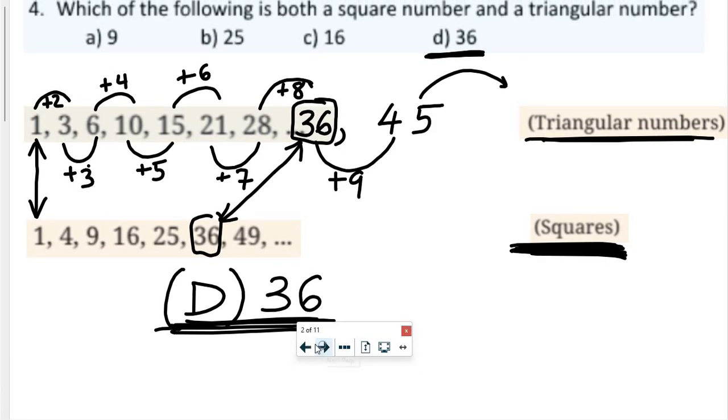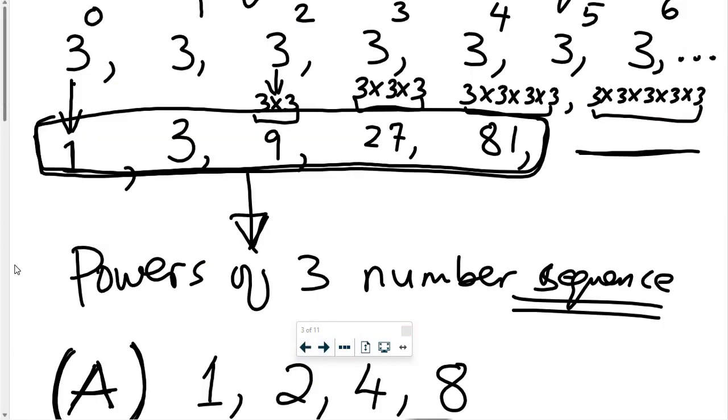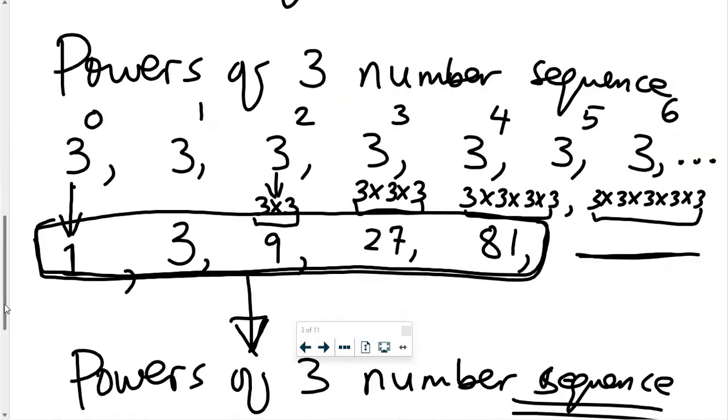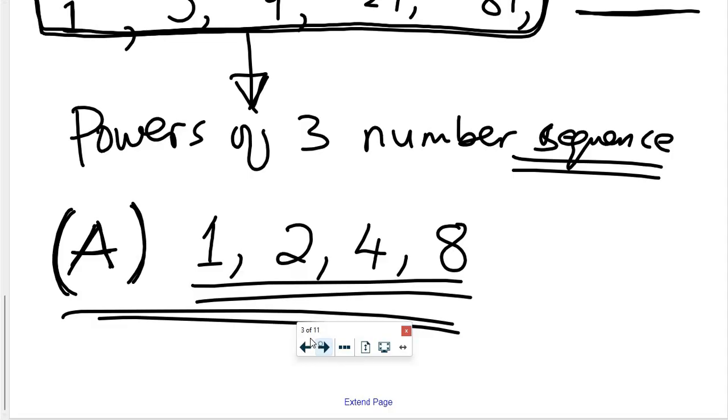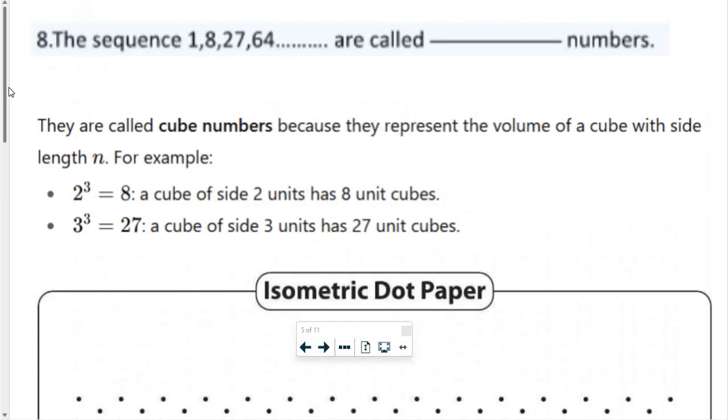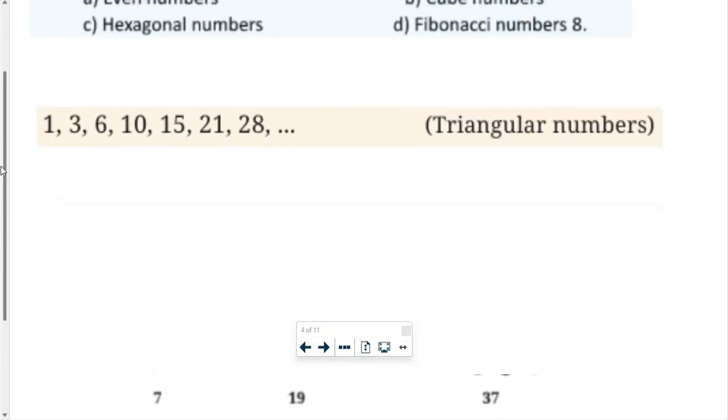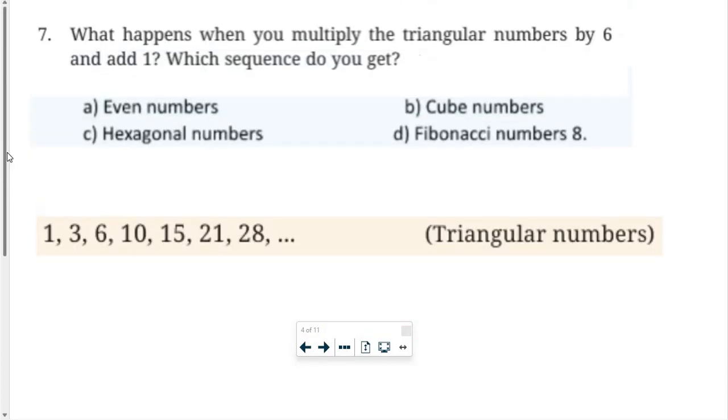What are triangular numbers? What happens when you multiply the triangular numbers by 6 and add 1?